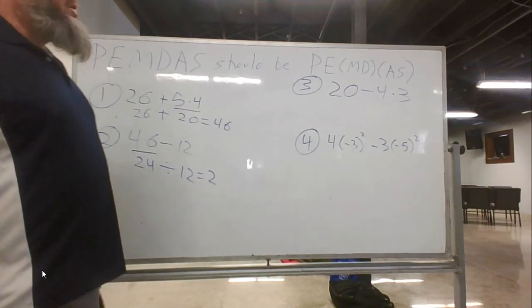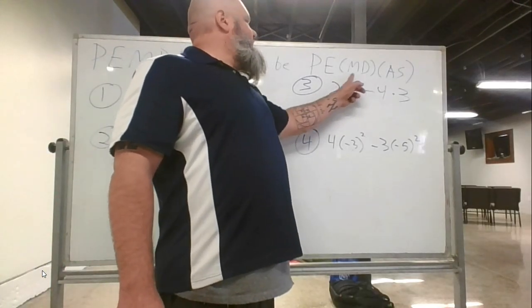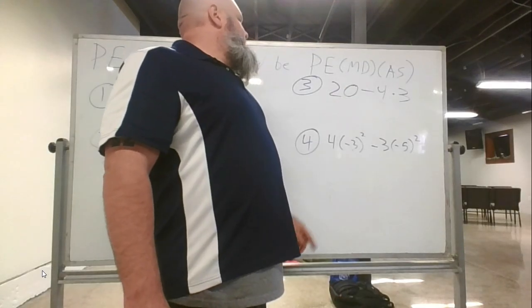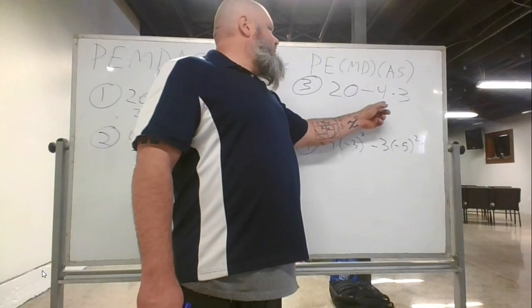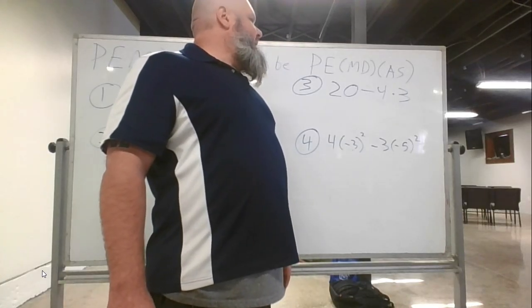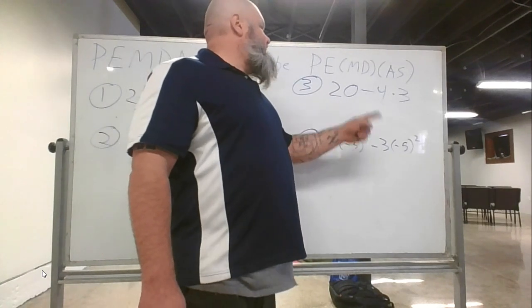Now let's look at question number 3. This is a question where this is very, very important: multiplication and division together in one step. So we have 20 divided by 4 times 3. We have division and multiplication, but like I say, you do them together going left to right.